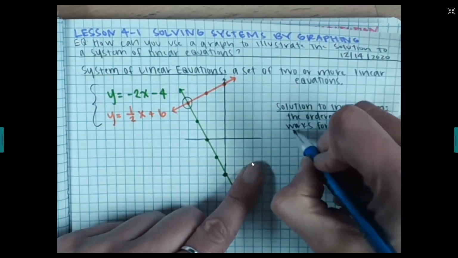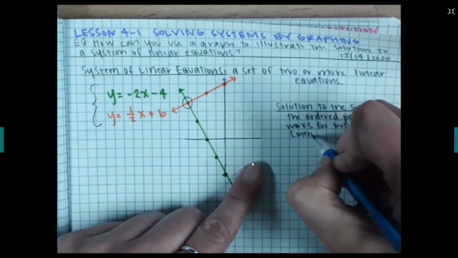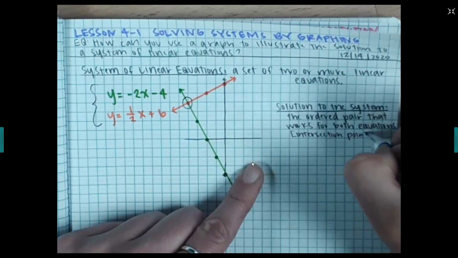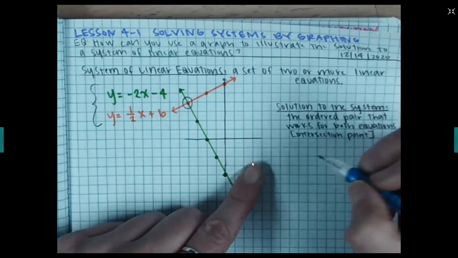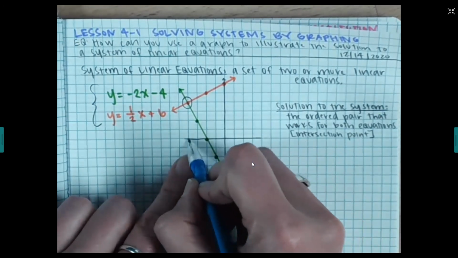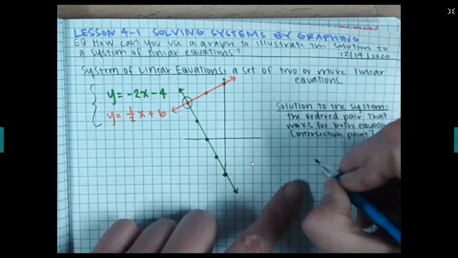And we're going to call that the intersection point. So where these two graphs are intersecting each other. And at this point, this is the ordered pair negative 4, 4.